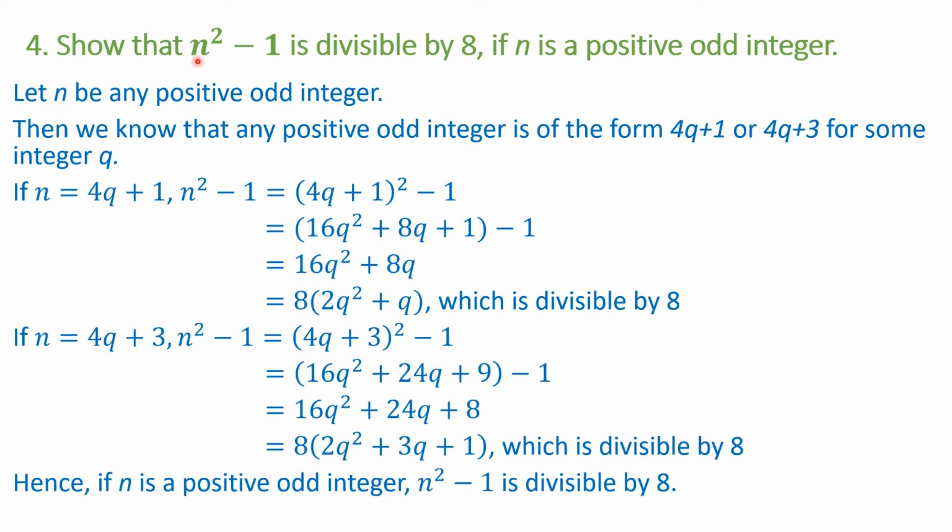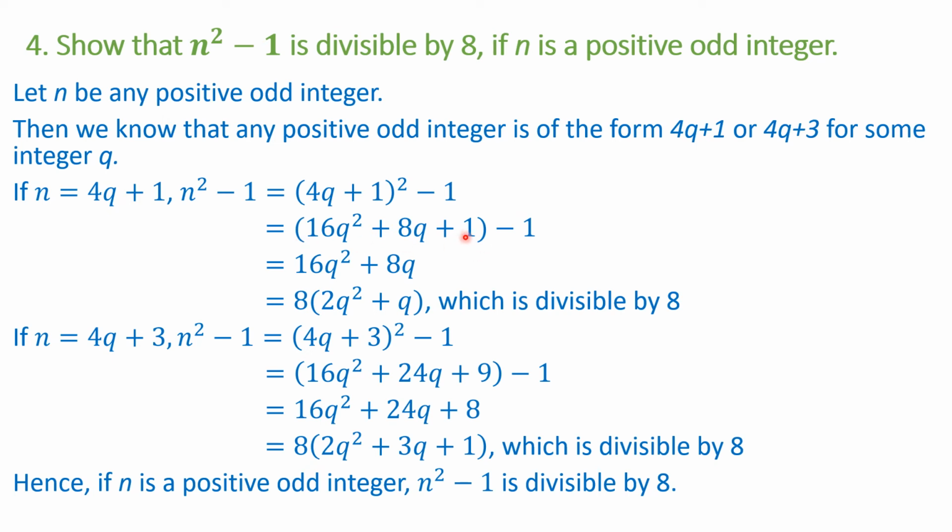Then further, I'm going to look at what happens when you do n square minus 1. So if n is equal to 4q plus 1, n square minus 1 is going to be equal to 4q plus 1 whole square minus 1. I'm again using the a plus b whole square formula, that is going to give me 16q square plus 2ab, that is 2 into 4q into 1, 8q, plus 1 minus 1.